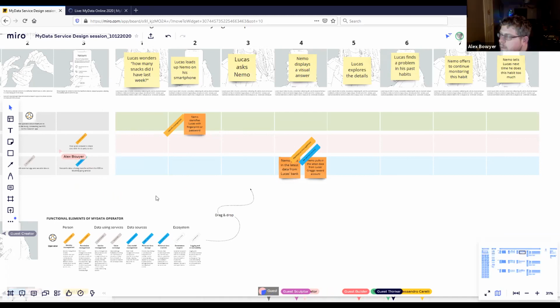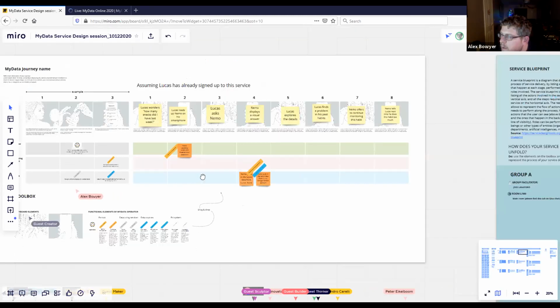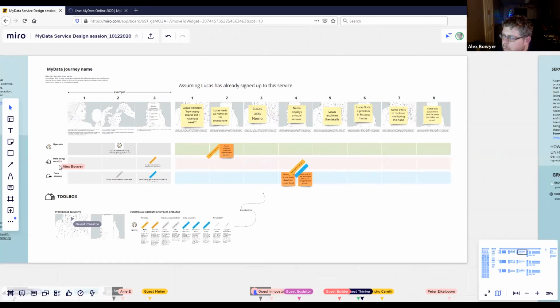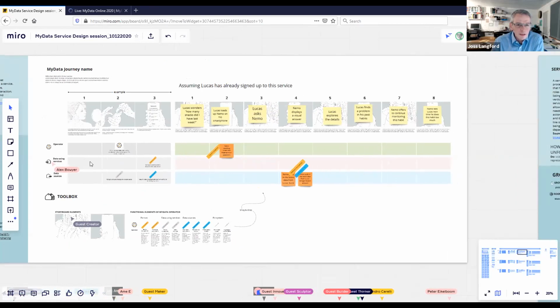So data using service. That would be something external, or would that be Nemo itself? Nemo, that's Nemo itself. Essentially Nemo, the app, is going to work through the personal data store, and your personal data store has this operator functionality tied together with it.